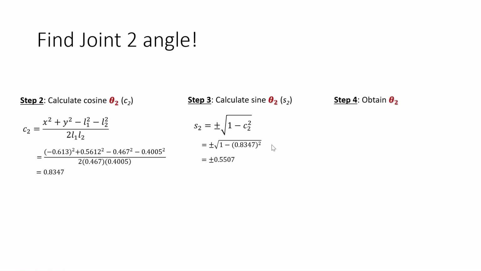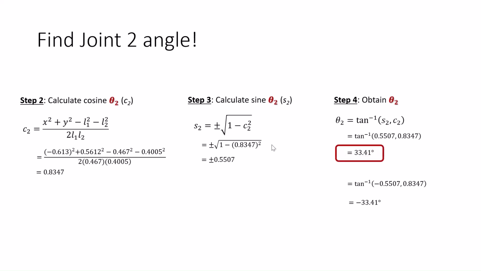Lastly, for step 4, we can obtain theta 2 by using the arctangent function s2 over c2, and that gives us 33.41 degrees. Or it could also be minus 0.5507 over 0.8347 arctangent, and we'll get minus 33.41 degrees. So notice the magnitude is 33.41 degrees.